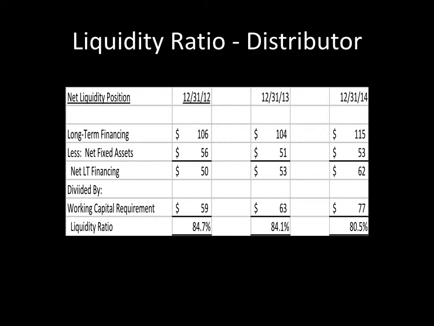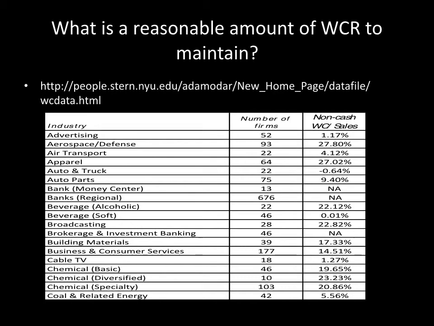Now, when we have these ratios or numbers like working capital requirement, how else might we use them? A professor out of NYU, New York University, Damodaran, who's a finance professor, tracks a number of ratios by industry. For instance, he will track working capital requirements in relation to sales by particular industry. So you can check in this particular slide.